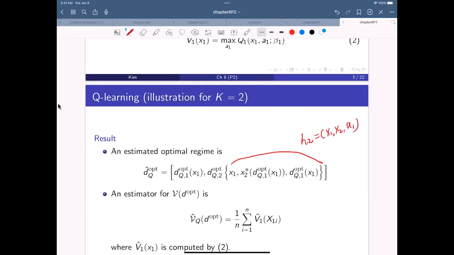So I use the best decision at K equal 1, and under the resulting history, I have the best decision at K equal 2.